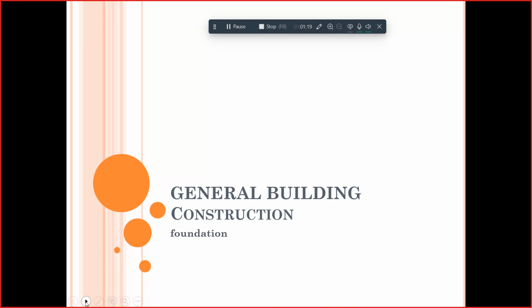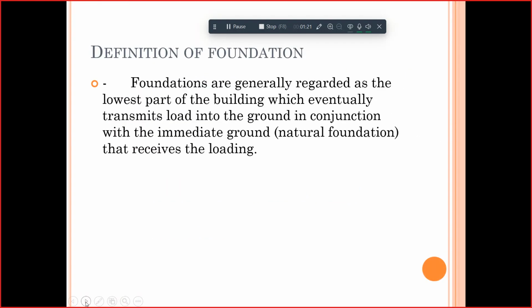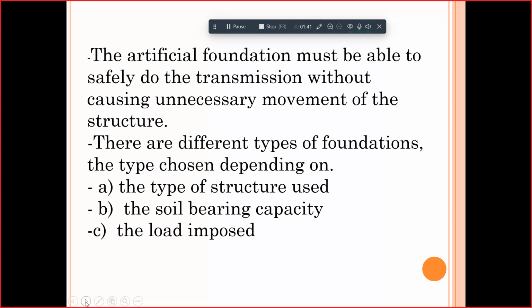Foundations are generally regarded as the lowest part of a building, which eventually transmit load into the ground, in conjunction with the immediate ground, the natural foundation that receives the loading. The artificial foundation must be able to safely carry out the transmission without causing unnecessary movement of the structure.